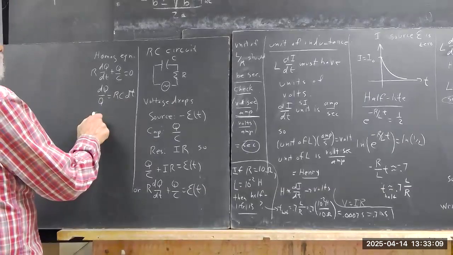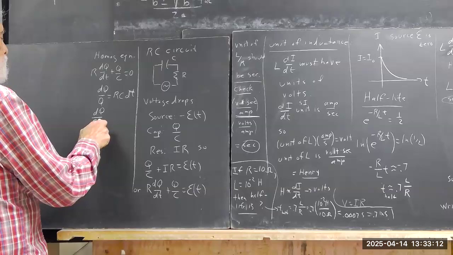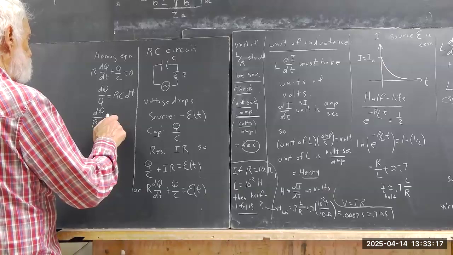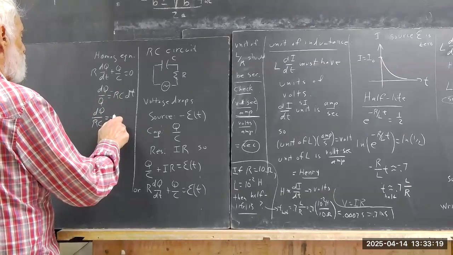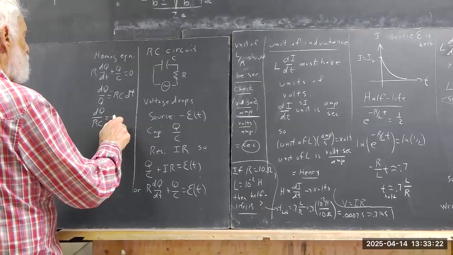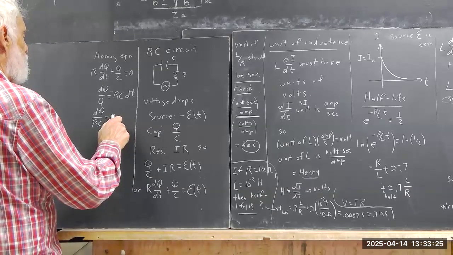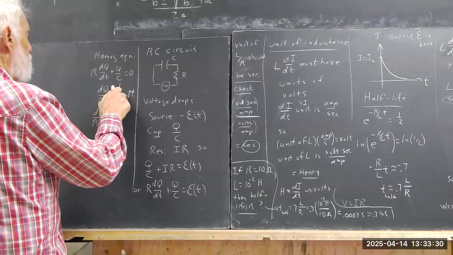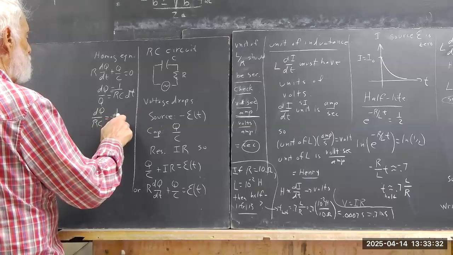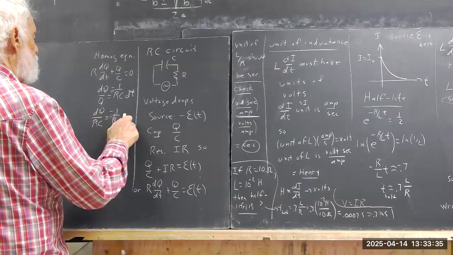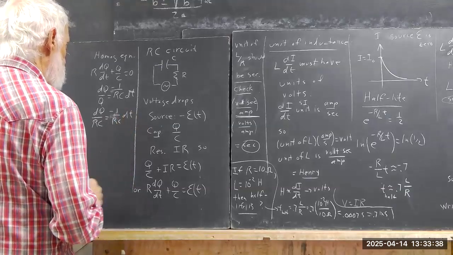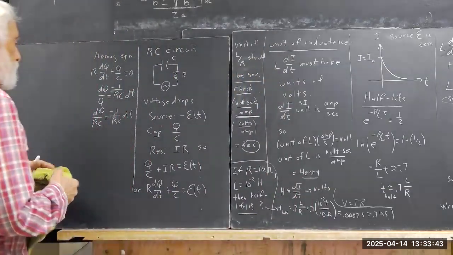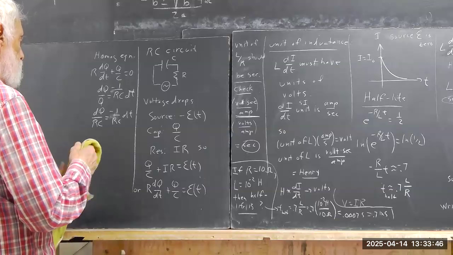So separating the equation, we get dq over q here, and it'll be negative 1 over RC.